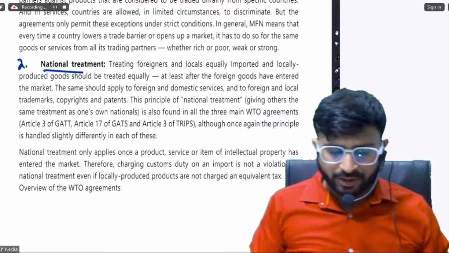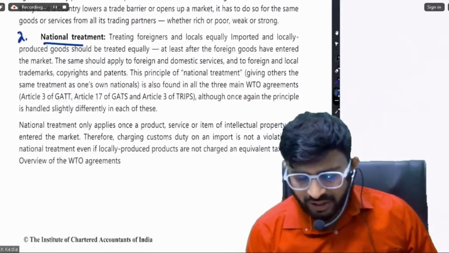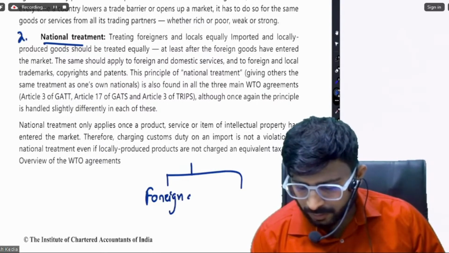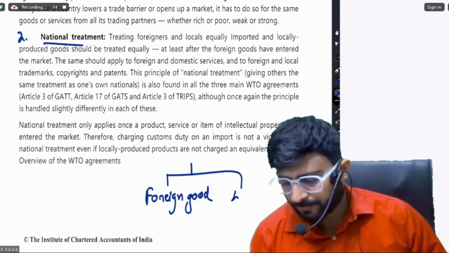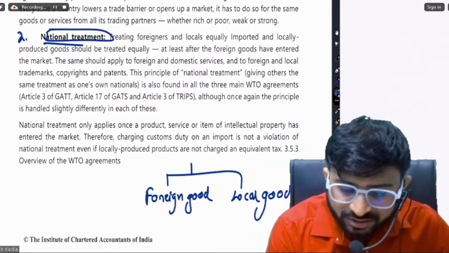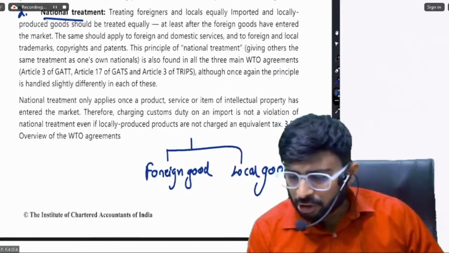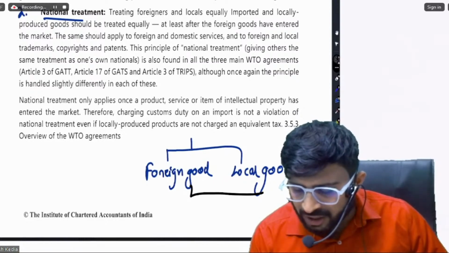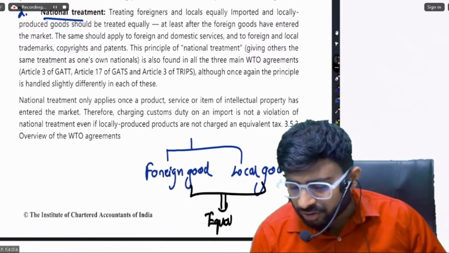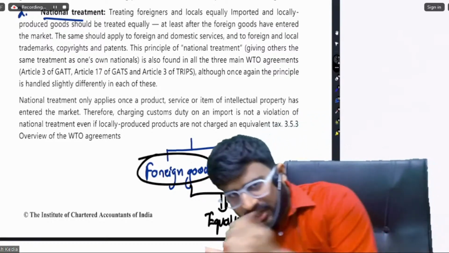What is national treatment? Suppose there is a foreign good and there is a local good manufactured in India itself. National treatment says that the Indian government cannot discriminate between these two. They should be treated equally once the foreign goods have entered India.